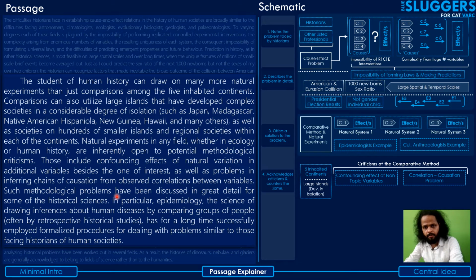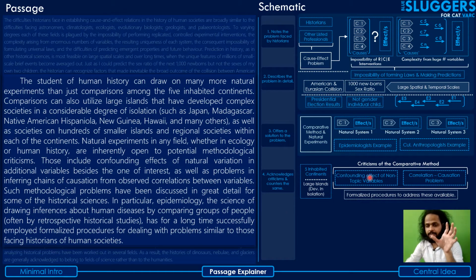Such methodological problems have been discussed in great detail for some of the historical sciences. In particular, epidemiology, the science of drawing inferences about human diseases by comparing groups of people, often by retrospective historical studies, has for a long time successfully employed formalized procedures for dealing with problems similar to those facing historians of human societies.